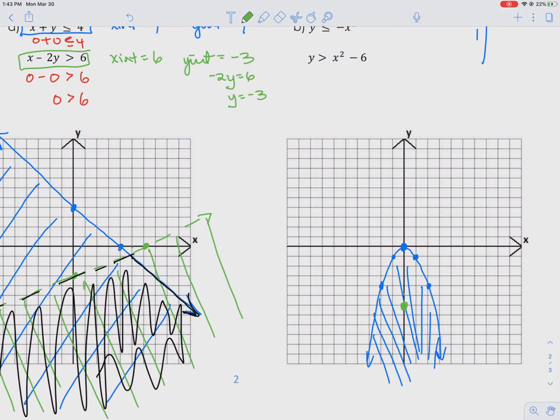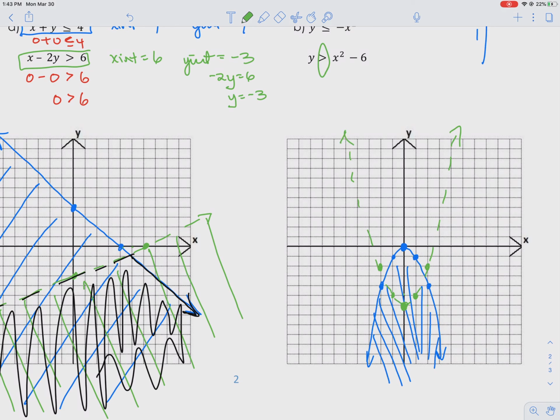So if I plugged in a 1, it would be right there. If I plugged in a 2, it would be 2 squared, which would be 4 from there. 1, 2, 3, 4. 1, 2, 3, 4. You could also just plug in points if you want to. Notice that that is dashed. So I'm going to make it dashed.